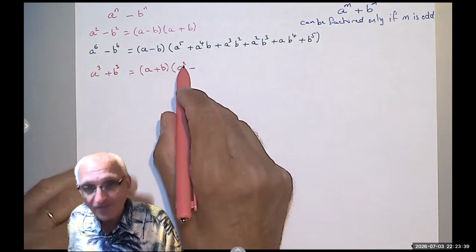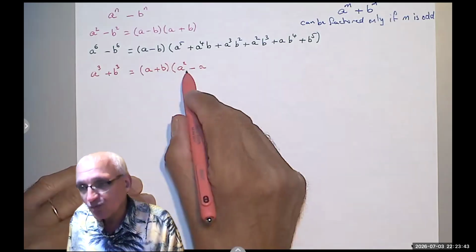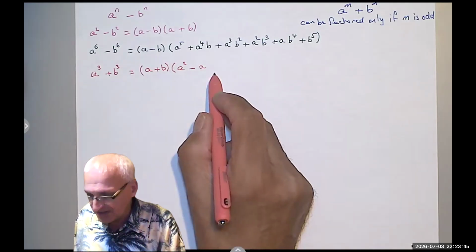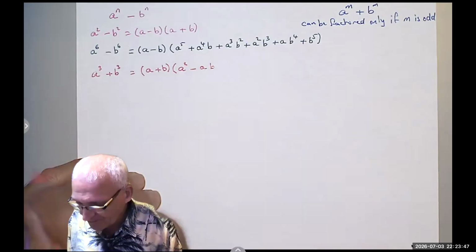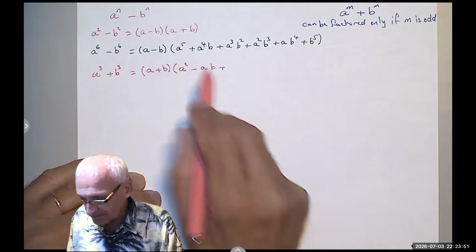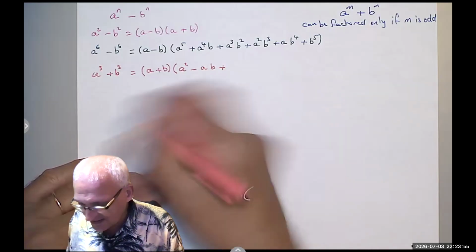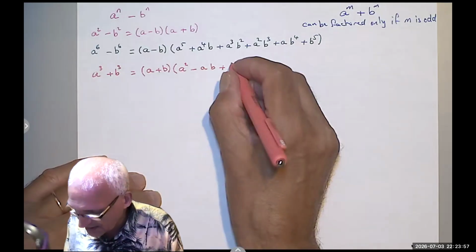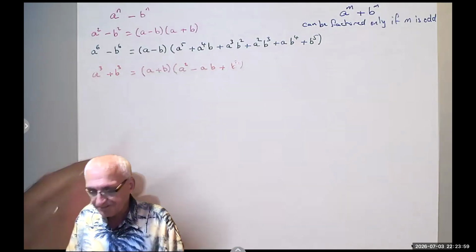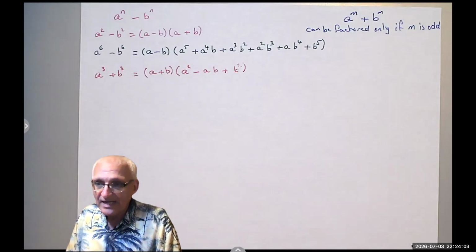I drop 1 from the a, so it becomes just a. Increase 1 of the b, which didn't exist, so it's b. And then plus. Notice they alternate. Drop 1 of that, it disappears. Increase 1 in b, it becomes b squared. It only works when m is odd.